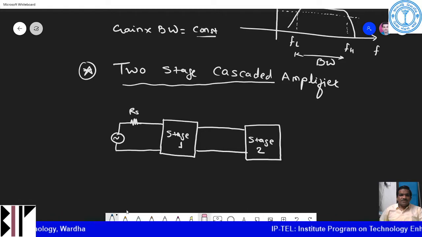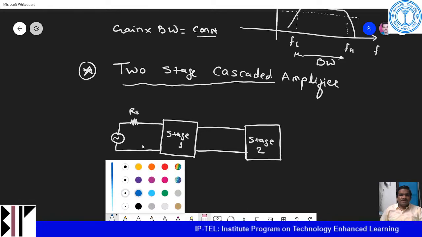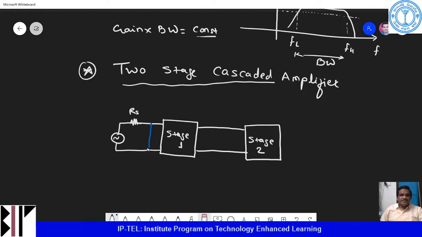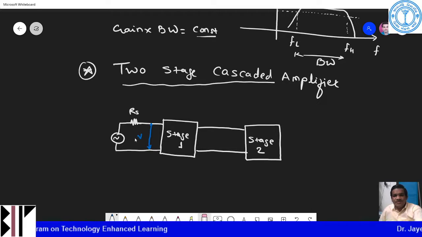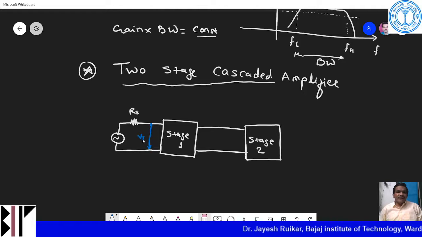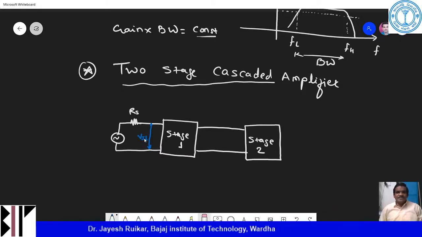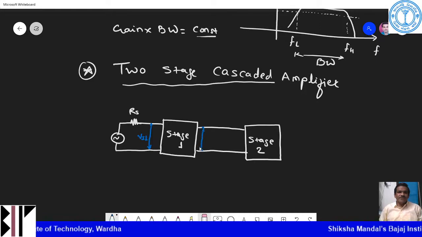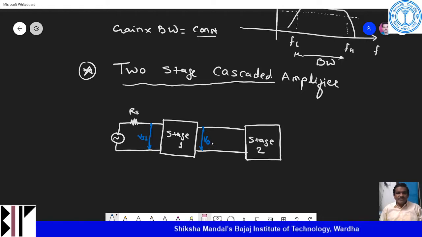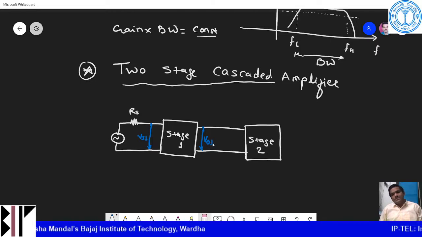The voltage across this input side is VI, I for input, and I will name it VI1, that is at stage 1. The output voltage at this particular point is VO, the output voltage of the first stage, so I will mention it as VO1.